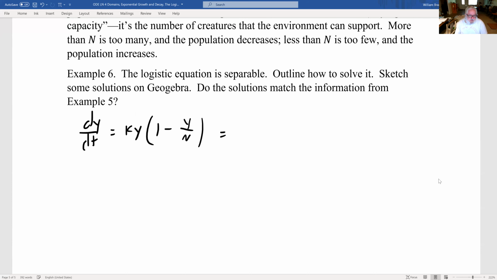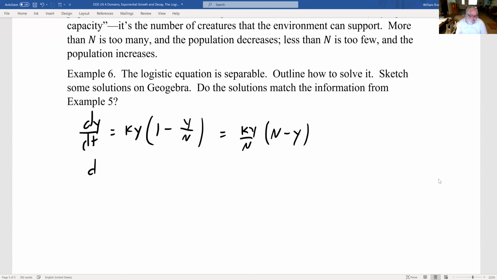So I'm going to simplify this a little bit by factoring out the n that's in the parentheses, and that leaves me with k over n times (n minus y). If I multiply in this n in the denominator, I get n over n, that's my 1, minus y over n.